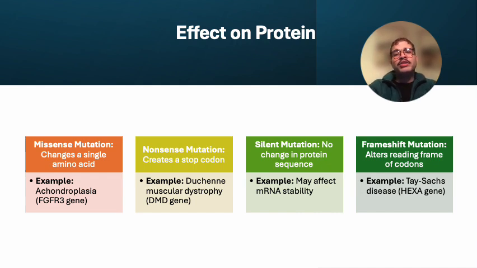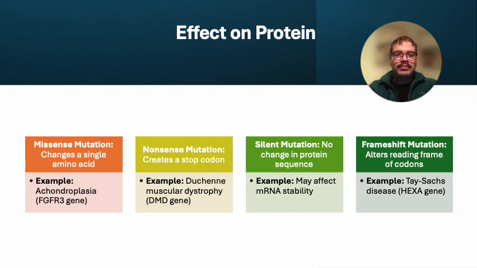What are the effects of mutations on proteins? Missense mutations change a single amino acid. An example of this is achondroplasia, where the FGFR3 gene is changed in one amino acid.